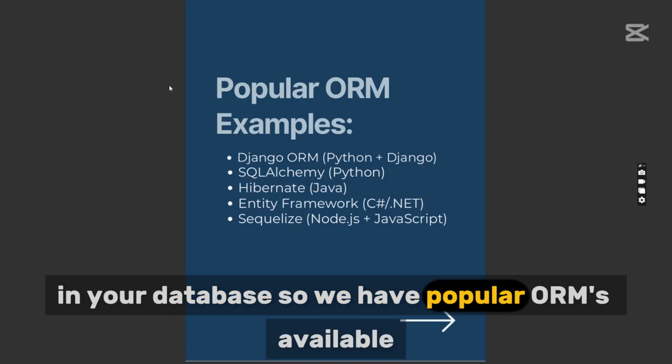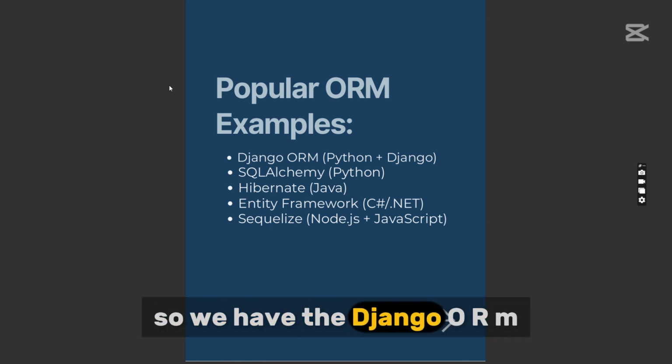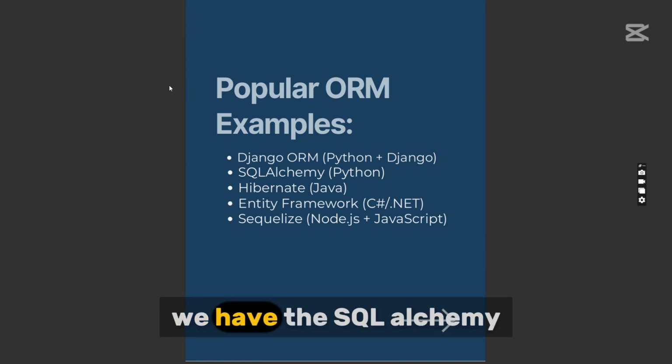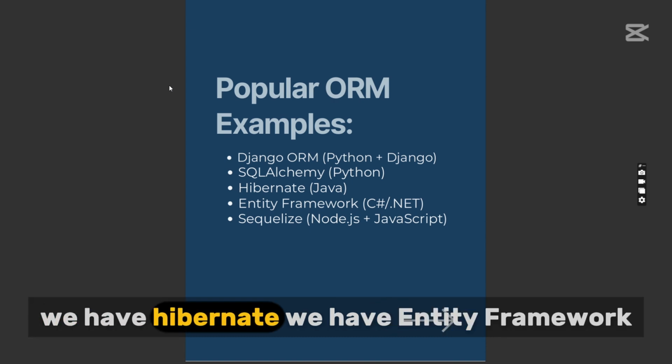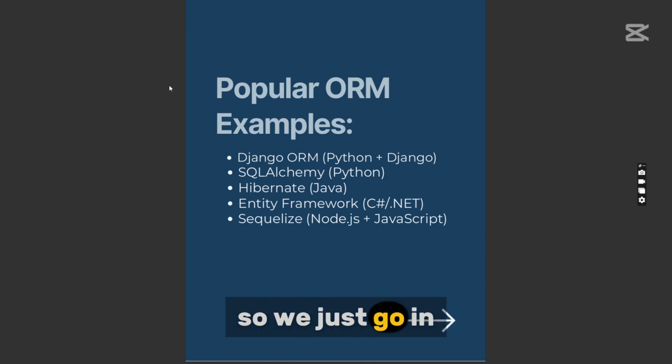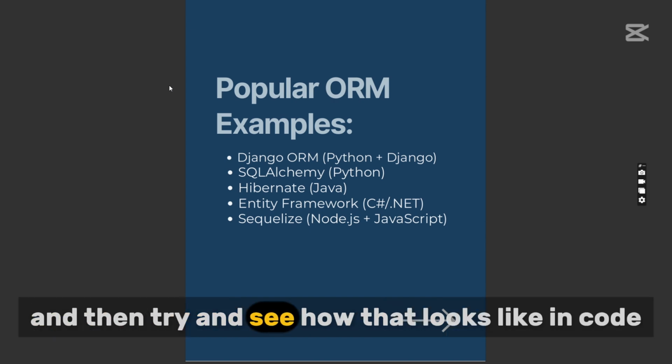So we have popular ORMs available. We have the Django ORM, SQL Alchemy, Hibernate, and Entity Framework. So we just go in and try and see how that looks like in code.